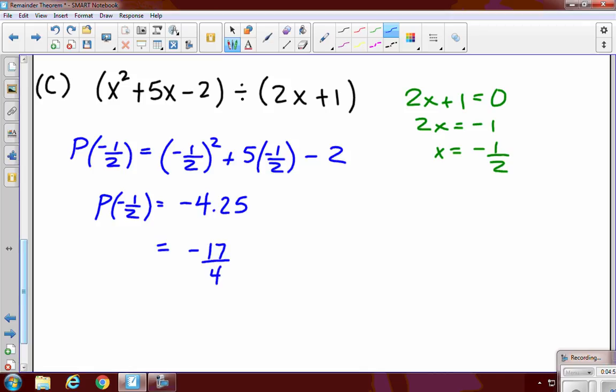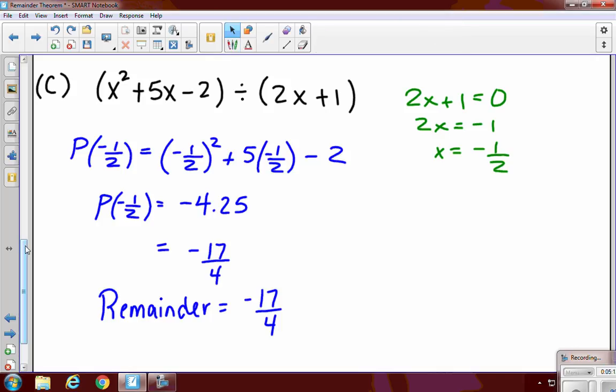So this is the same answer both ways. So the remainder here, if I were to actually divide it out, would be negative 17 over 4. And that's a very, very quick way to determine what the remainder is without actually doing the division.